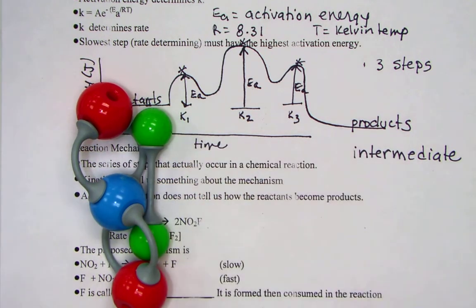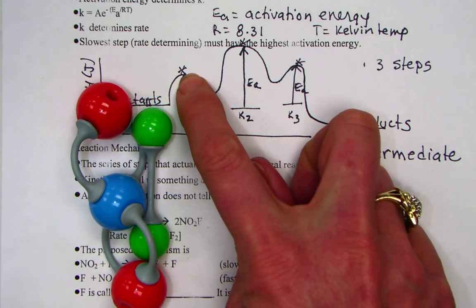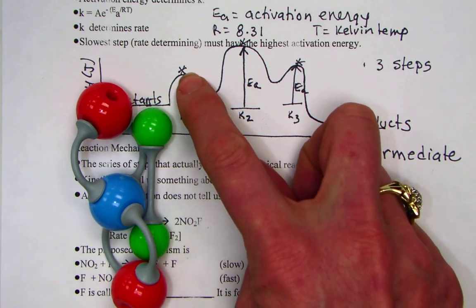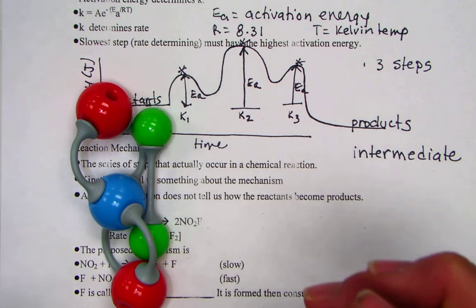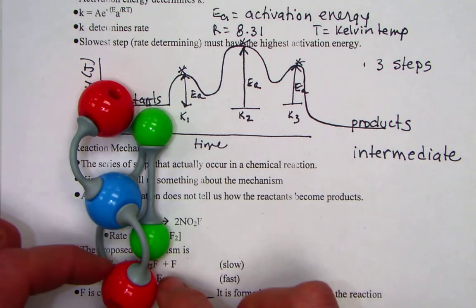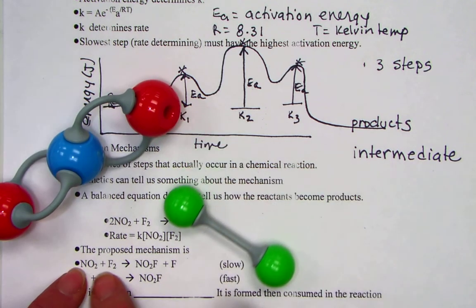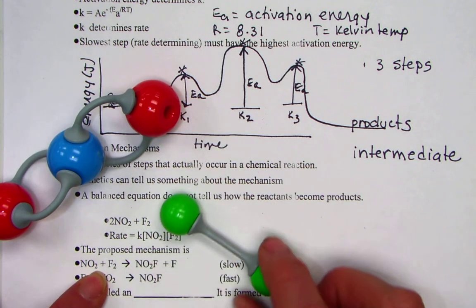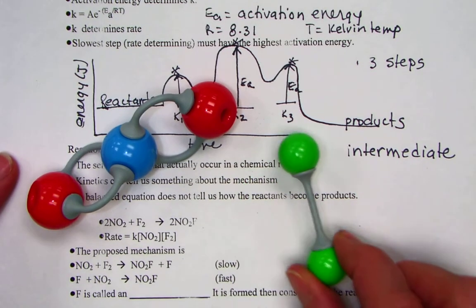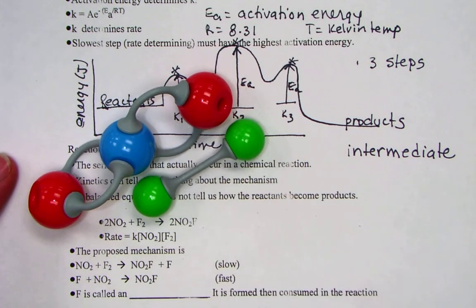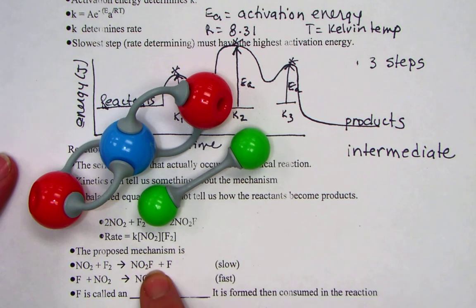Remember, at the top of the activation energy barrier, we get this intermediate. That's where bonds are breaking and new bonds are forming. We're rearranging to produce an intermediate. Suppose with that first collision, 1 molecule of NO2 collides with an F2 and they produce NO2F.